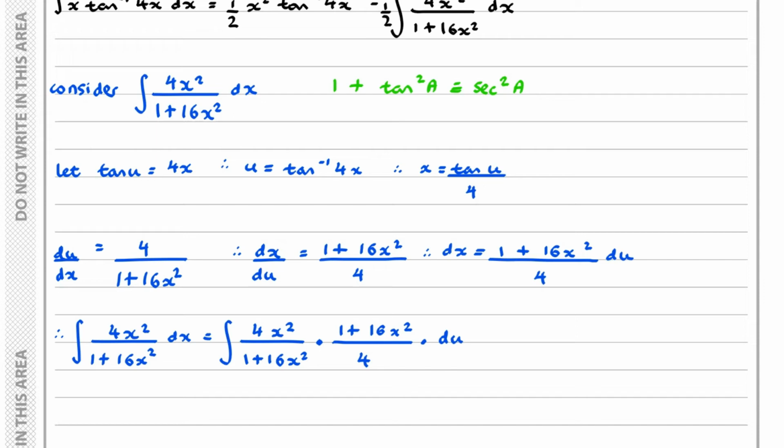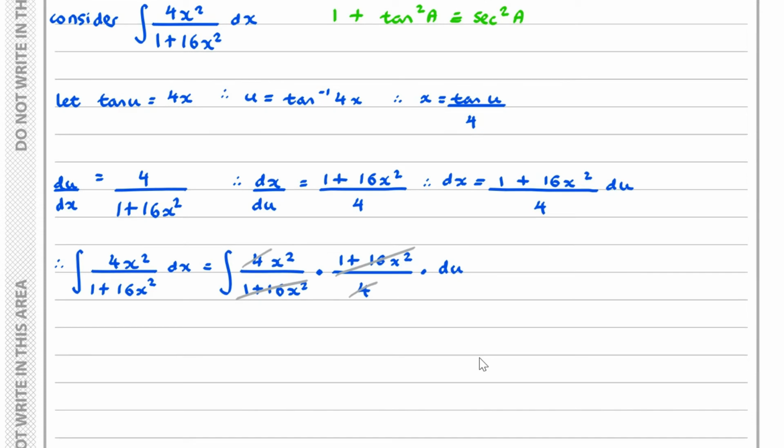And then hopefully here you can see this 4 and this 4 cancel out. This 1 plus 16x squared cancels with this 1 plus 16x squared. So what we're left with, therefore, is the integral of x squared with respect to u.